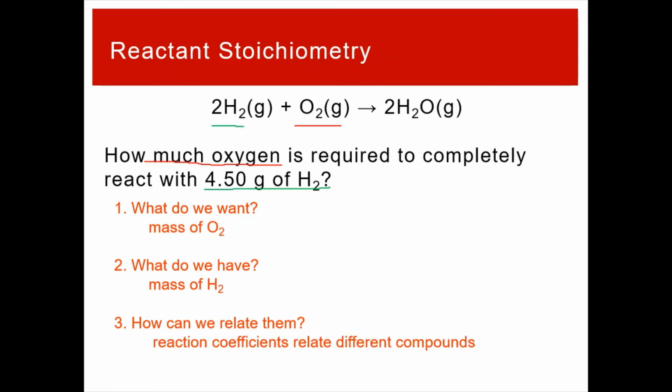So I'm going to use the reaction coefficients, but they have to be in counting units. So the process for relating reactants in stoichiometry is going to be the exact same as the process that we saw previously for relating masses of reactants and products. Still that same 3-step process. Let's see it in action.